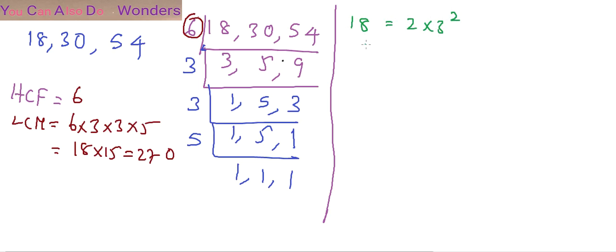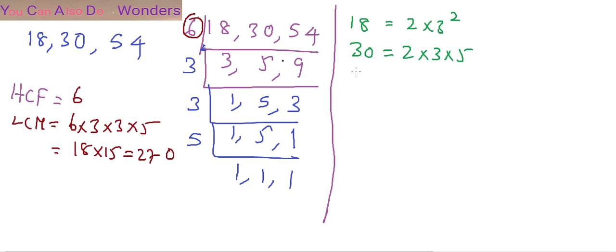If you prime factorize 30, you will get 2 into 3 into 5.